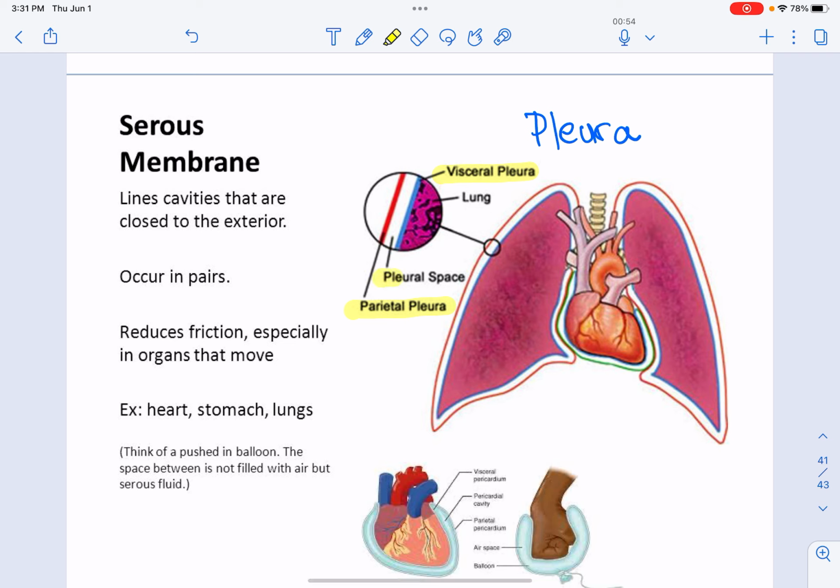In between the two, we have serous fluid. And again, these specific types of membranes, these serous membranes, line the heart, line the lung, and line the abdomen. Another term for abdomen is the peritoneum.